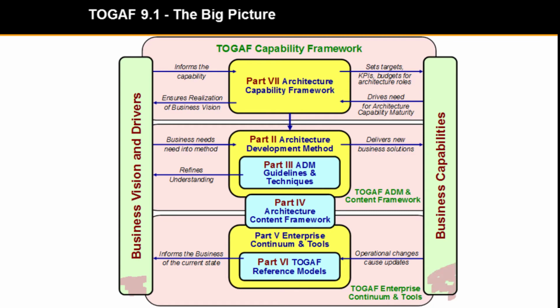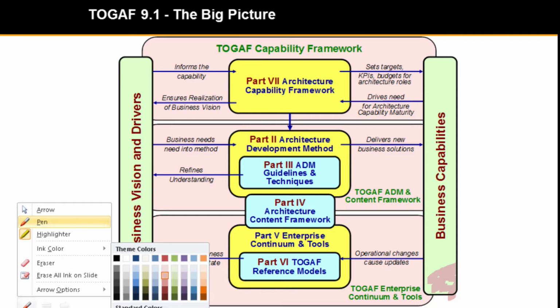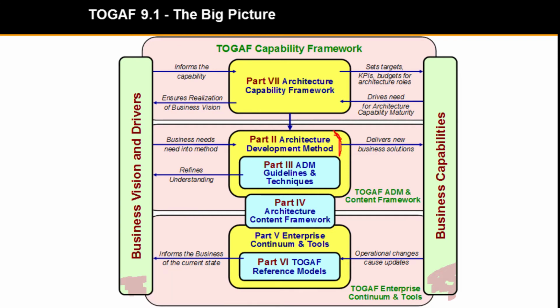And in order to do this, as we talked about a little bit earlier, we're going to start with the heart of the framework. And as you recall, we called it architecture development method. In the red bar that you have noticed on the right side of the screen when I was talking about the ADM, we have all the guidelines and techniques associated with the ADM work. And then we're going to have the architecture content framework to show us what the content structure is going to look like. Eventually, we're going to have some sort of a tool.